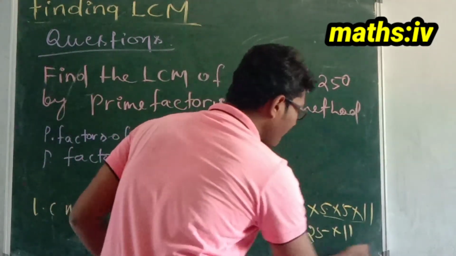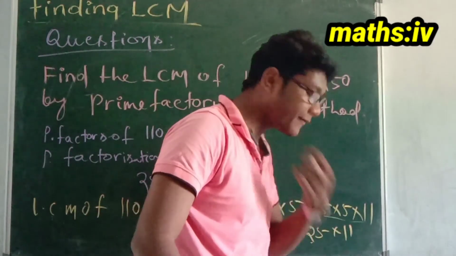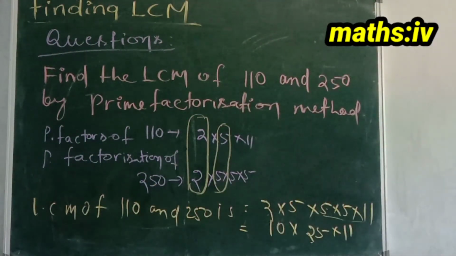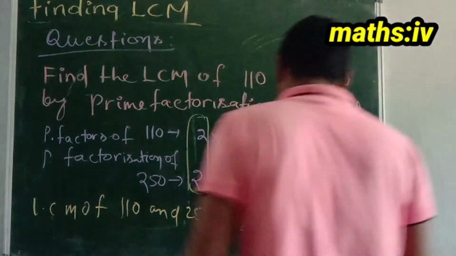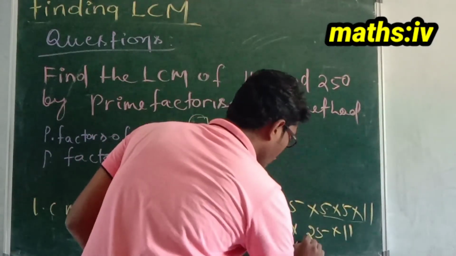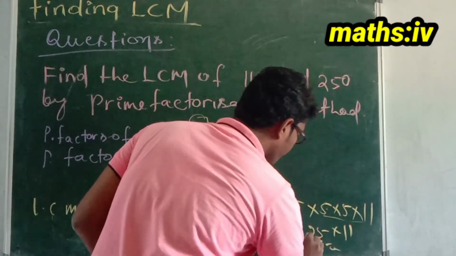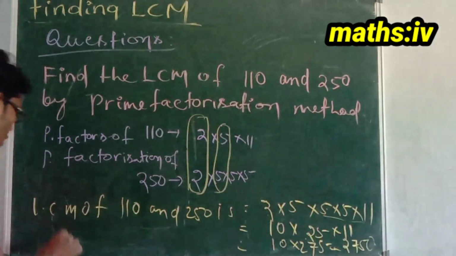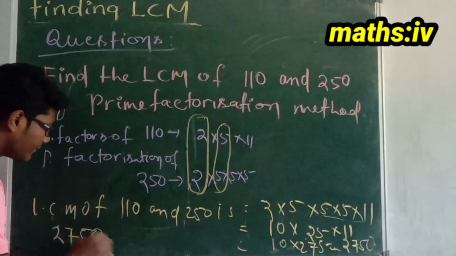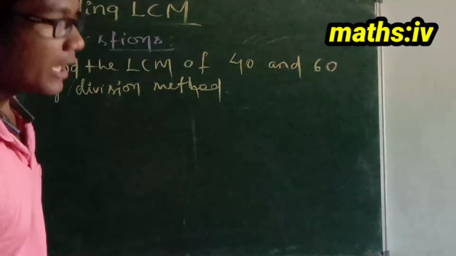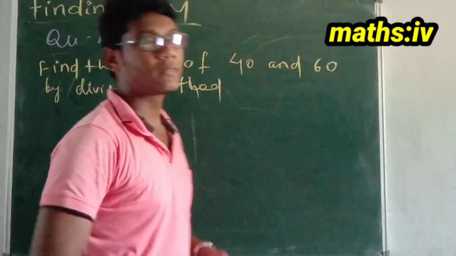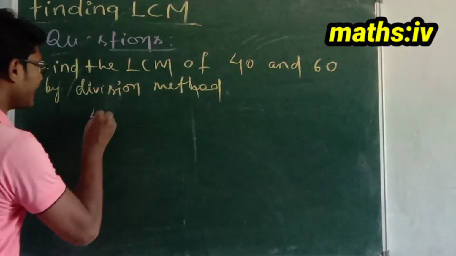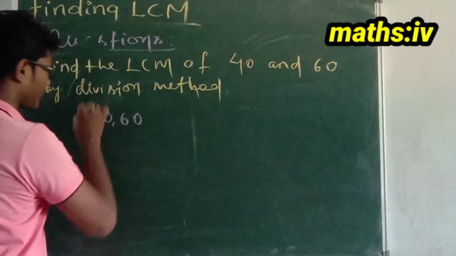And students, 25 multiplied by 11 is equal to 275. So 10 multiplied by 275 is equal to 2750 is the answer. So the LCM is 2750. Clear?